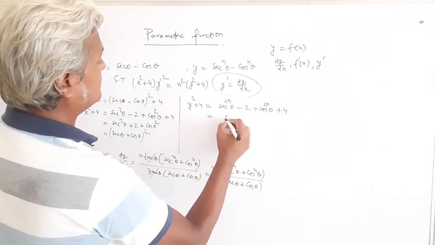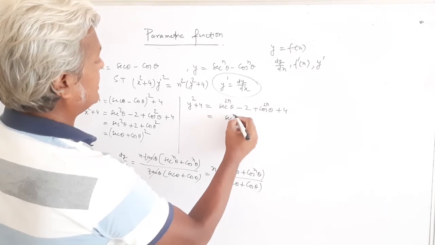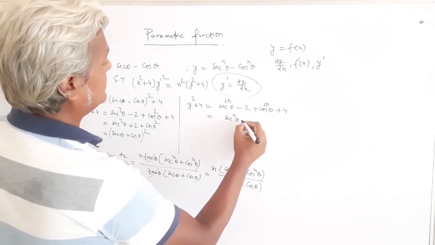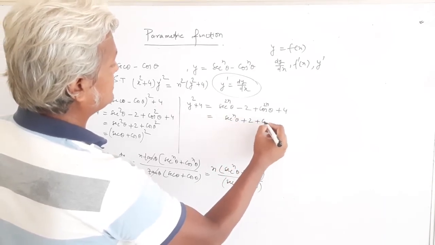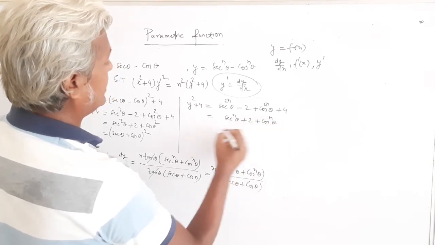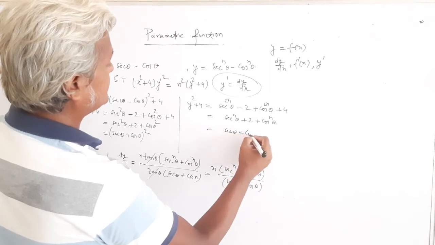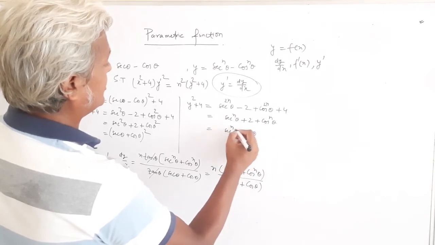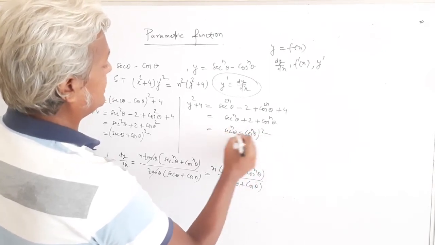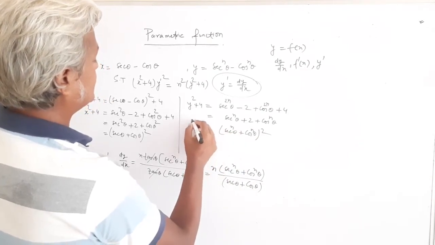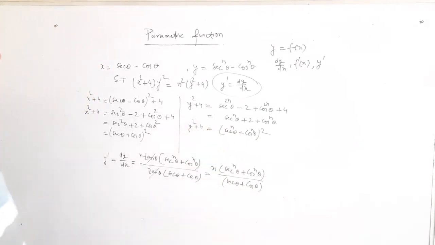So this will become sec to the power n theta plus 2 plus cos to the power n theta, which is (sec to the power n theta plus cos to the power n theta) whole square. This is y square plus 4.